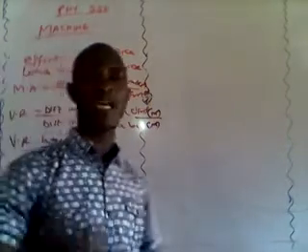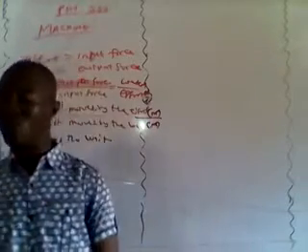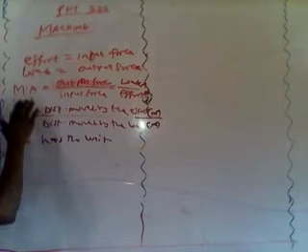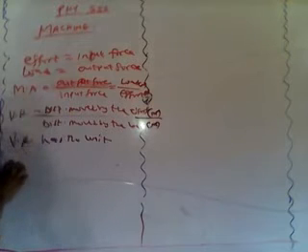So because the machine has moving parts, there is a tendency for friction to affect the performance of the machine. What this friction does is that it always affects the mechanical advantage of the machine, but it has no effect on the velocity ratio.